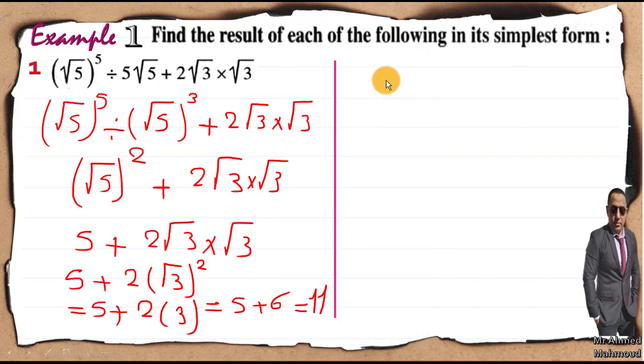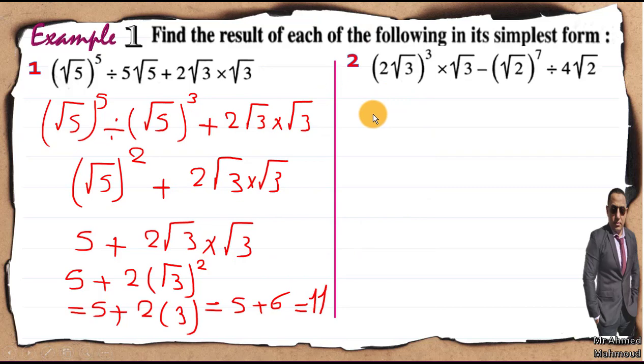Okay, now the other operation. 2 root 3 all power of 3 times root 3 minus root 7 divided by 4 square root 2. Okay, first I'm going to distribute the power here and here.